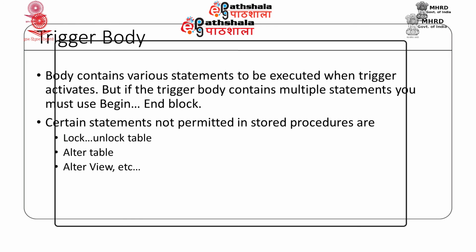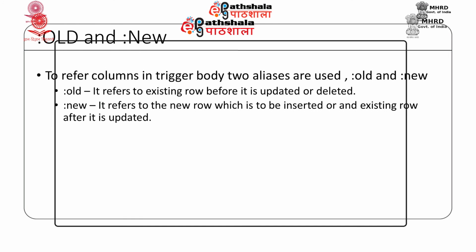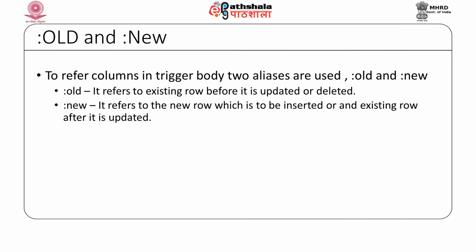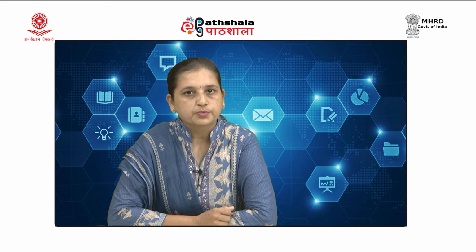So, let us now start with the basic example of a trigger, but before we go to the example, two important variables related with triggers are as follows. The two keywords which are used with triggers are old and new.